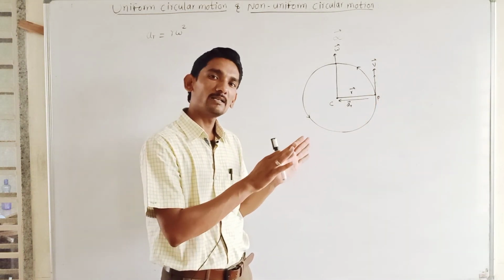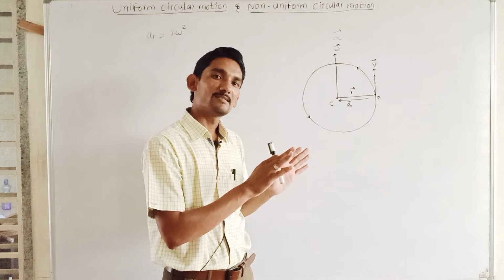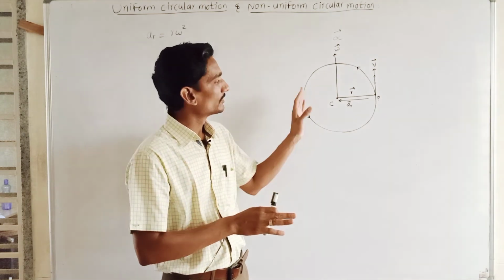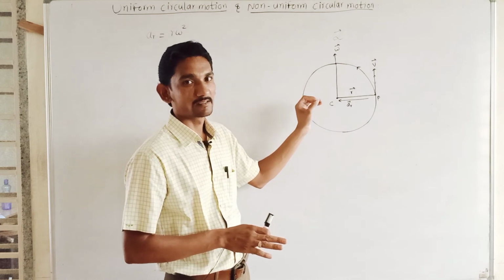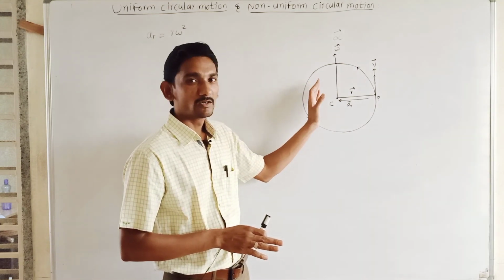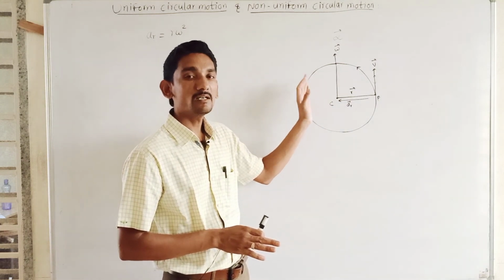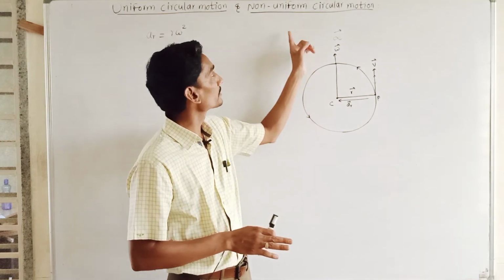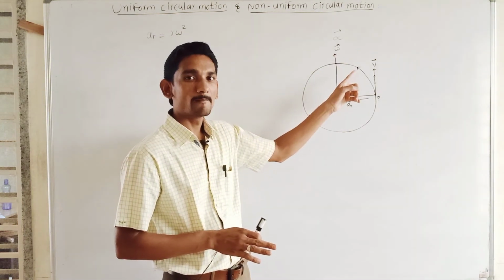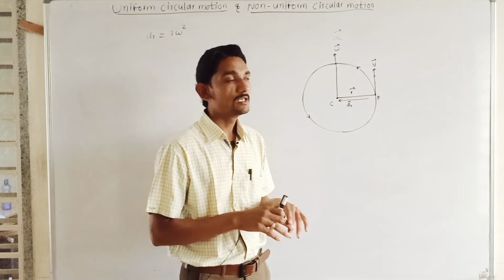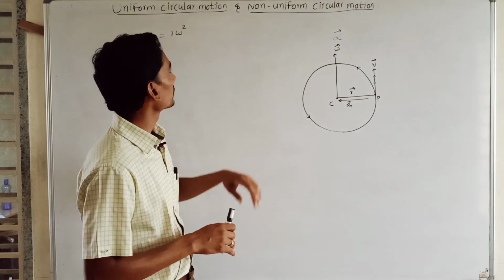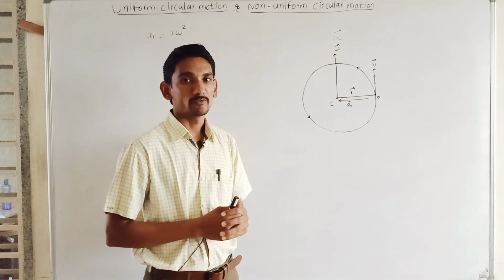The particle moves in the same plane. So we have to remember this factor: while changing the velocity in non-uniform circular motion, the particle does not change the plane. So this is for uniform circular motion and non-uniform circular motion.